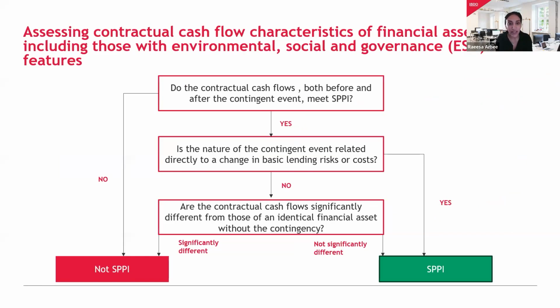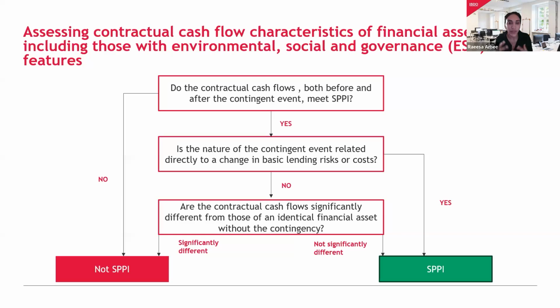Now, when you've got these financial assets that have ESG linked features, like we said, potentially one where the interest rate is indexed to an emissions target, then it's sometimes not entirely clear whether you meet the SPPI criteria and therefore can measure this instrument at amortized cost, or because it's got this kind of funny feature, do you end up having to measure it at fair value?